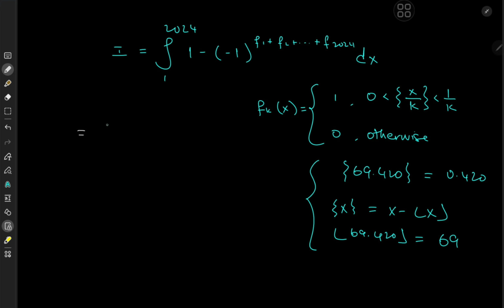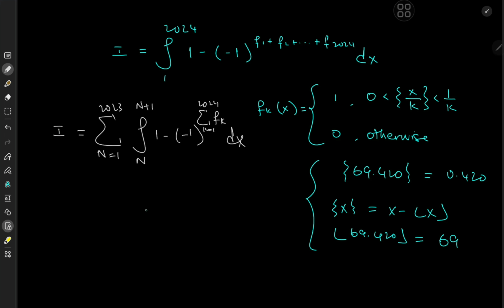So I'm actually going to partition this and write it as the sum over n from 1 to 2023 of the integrals from n to n plus 1 of 1 minus negative 1 to the sum of f sub k, where k goes from 1 to 2024, dx.